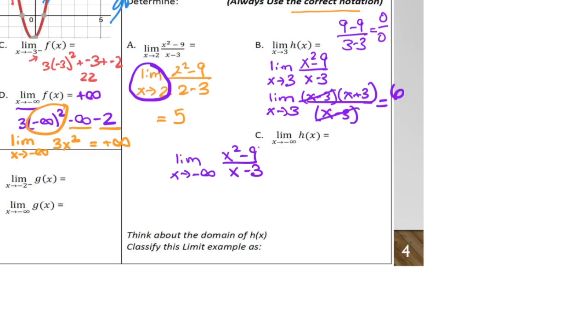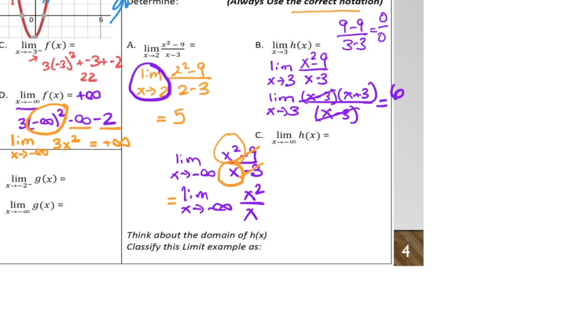The quadratic has a lower order term of negative 9. If I cancel out my negative 9, the x squared is going to be the more powerful piece of this function. In your denominator, you have x minus 3. So the negative 3 of the line is not as relevant as your x. So essentially, we drop our lower order terms and we end up with the limit as x goes to negative infinity of x squared over x.